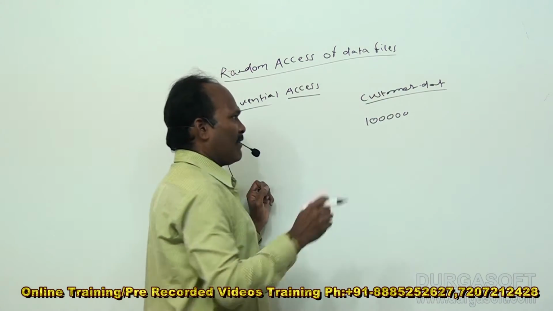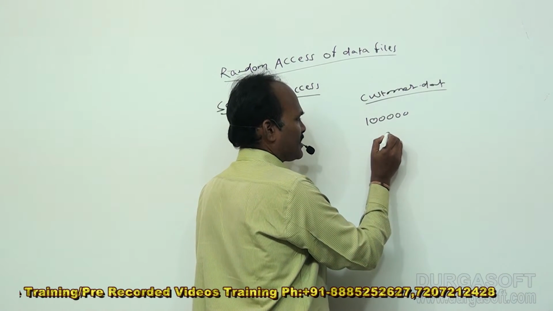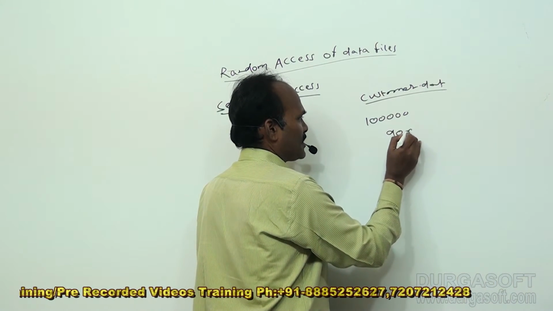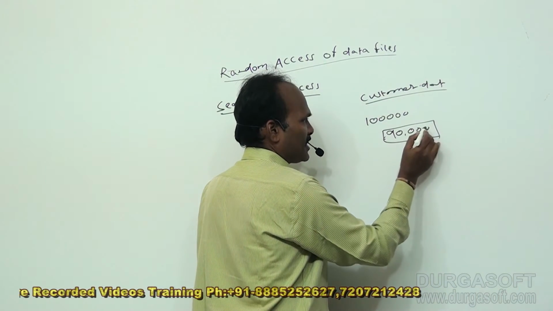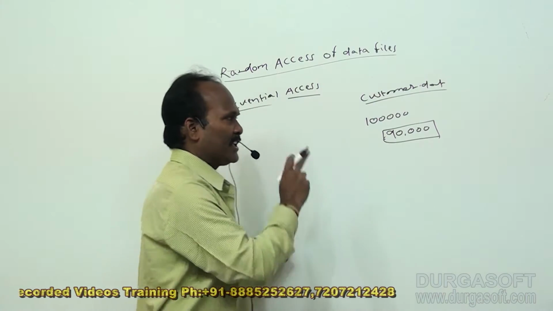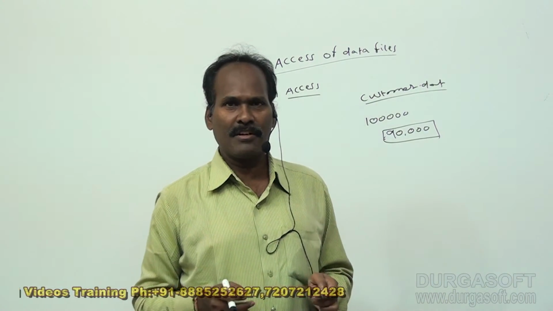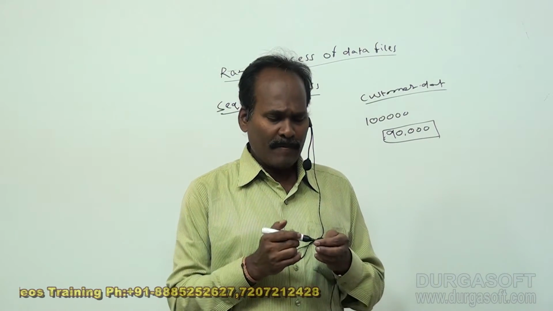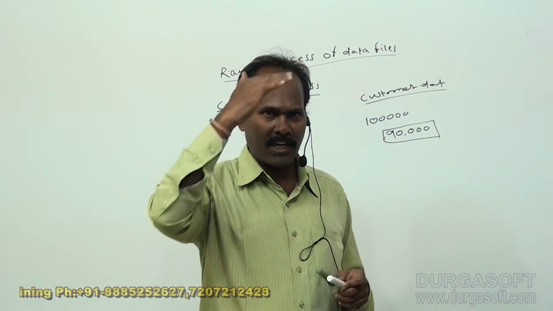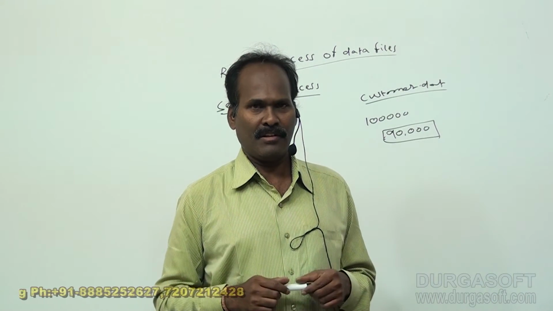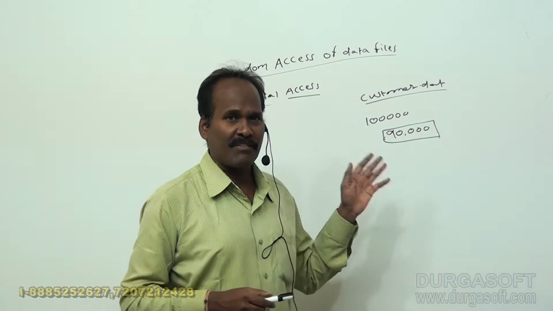Now I want to access a record at the 90,000 position. I want to print the 90,000 record. Normally, if you want to access the 90,000 record, you have to cross all 89,000 records because it is completely sequential access.